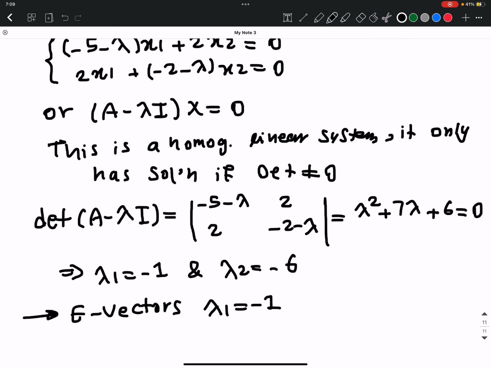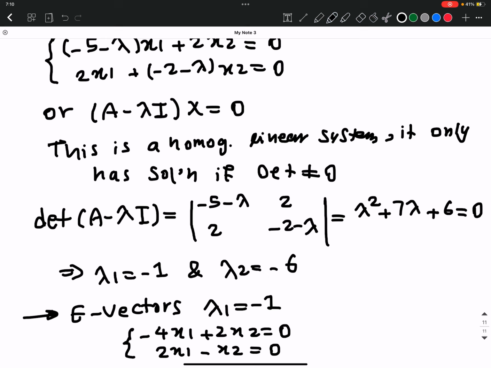Minus 5 minus lambda gives me minus 4, so I have -4 x1 + 2 x2 equals 0. The second equation is 2 x1 plus (-2 + 1), which gives minus 1, so it's 2 x1 - x2 equals 0. So I get a two-equation, two-unknown system.